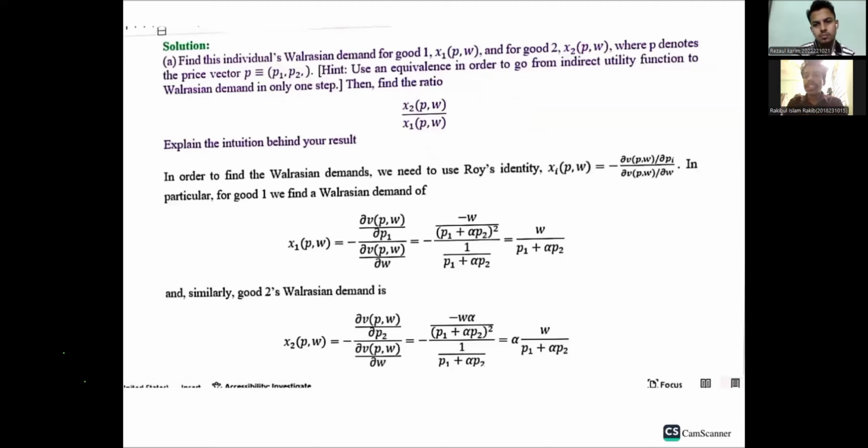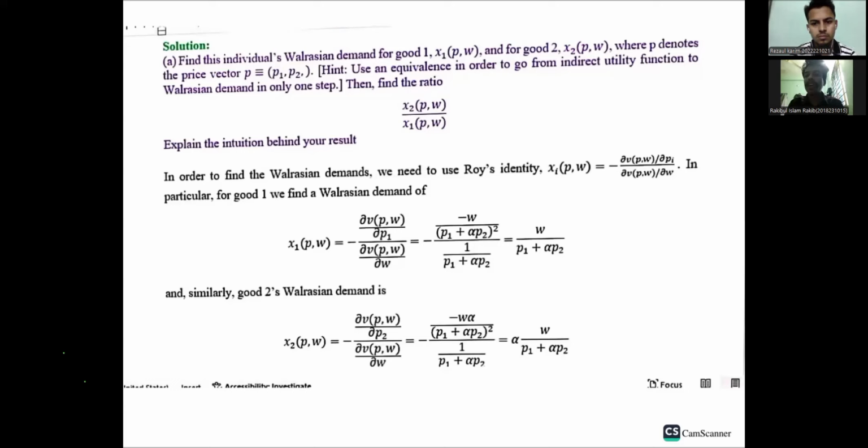We know that for good 1, the Walrasian demand is equal to the negative of the indirect utility function differentiated with respect to the good 1 price, divided by the indirect utility function differentiated with respect to wealth.